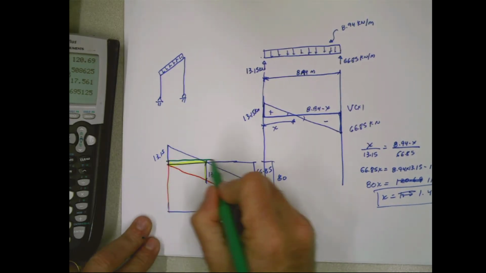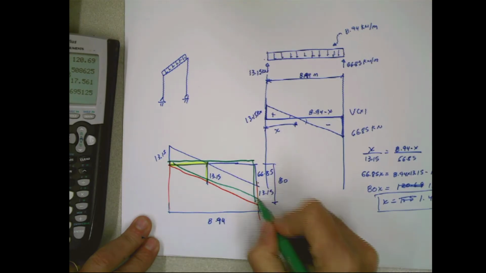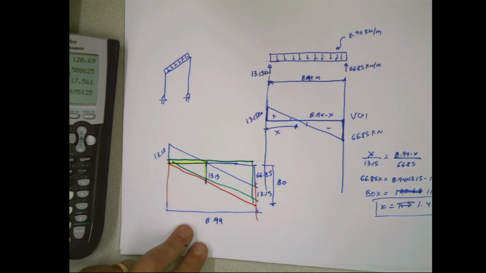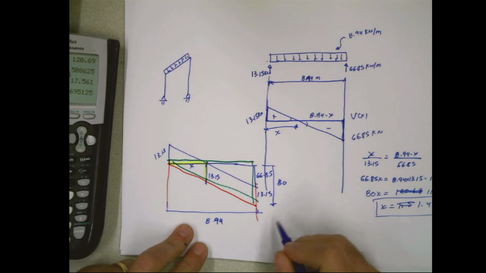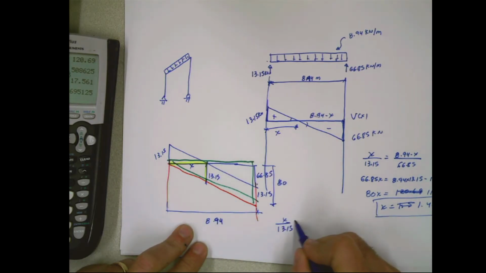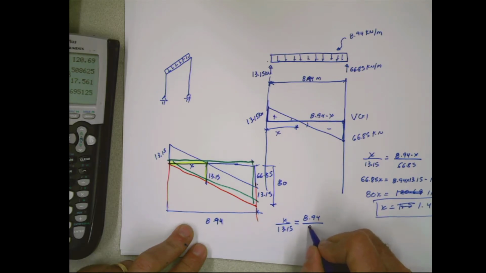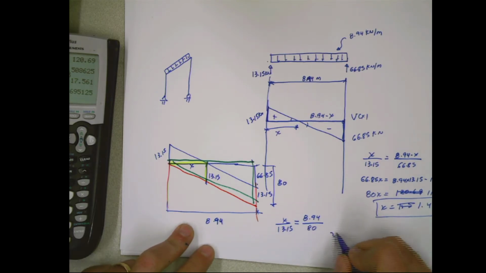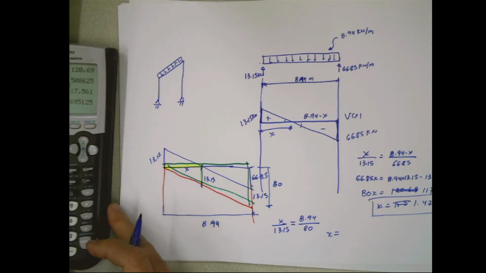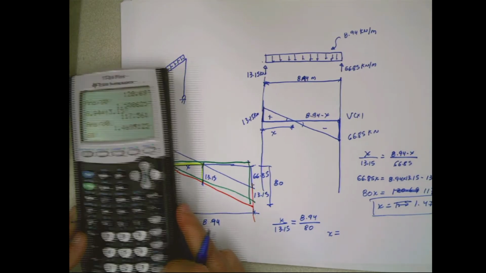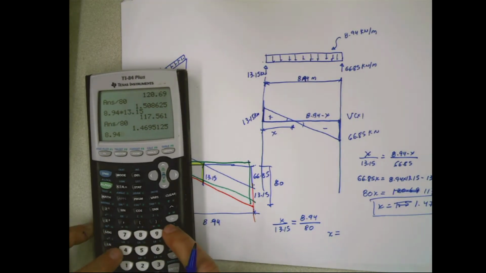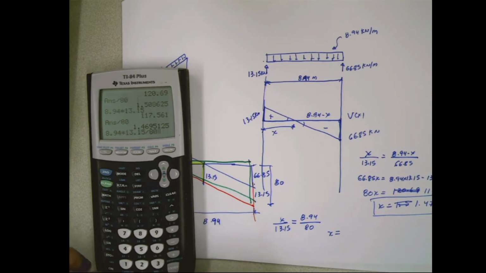Where this big triangle right there, and if you do that, then you can say, if you call this x, you can say that x divided by 13.15 is going to be equal to the total 8.94 divided by this, which is 80, and then you solve for x, and then you say that x is equal to 8.94 times 13.15 divided by 80, and it's 1.47.